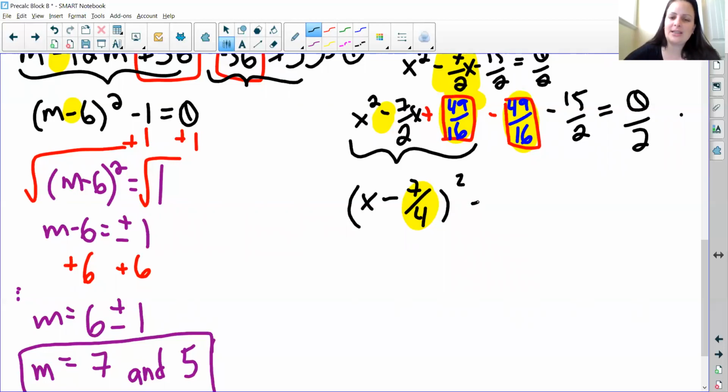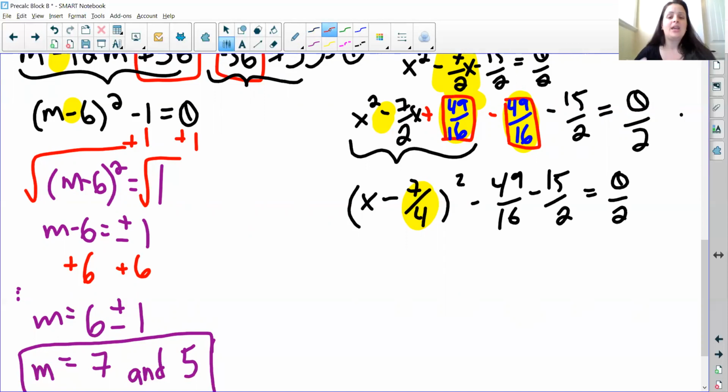So now I'm just going to leave my fractions here, because I can simplify them now, or I can recognize that my next step is to multiply everything by 2, and maybe I just want to hold off. So I have completed the square. I have to get rid of this 0 divided by 2 on the right-hand side here. So I'm going to multiply everything by 2, because when you multiply a fraction by the same number that's on its denominator, it cancels out.